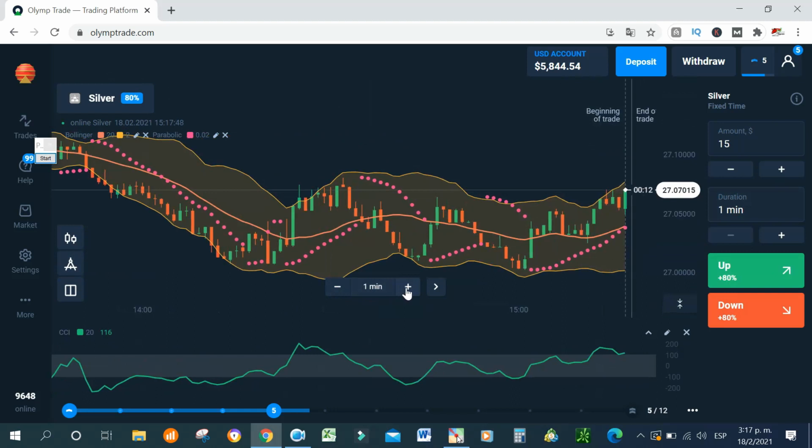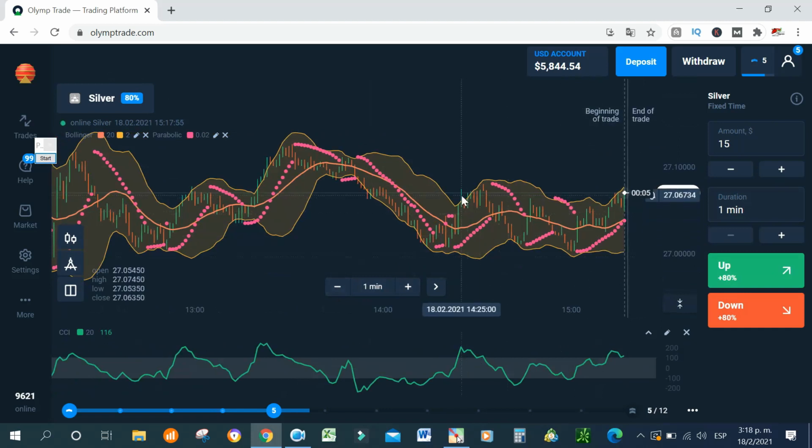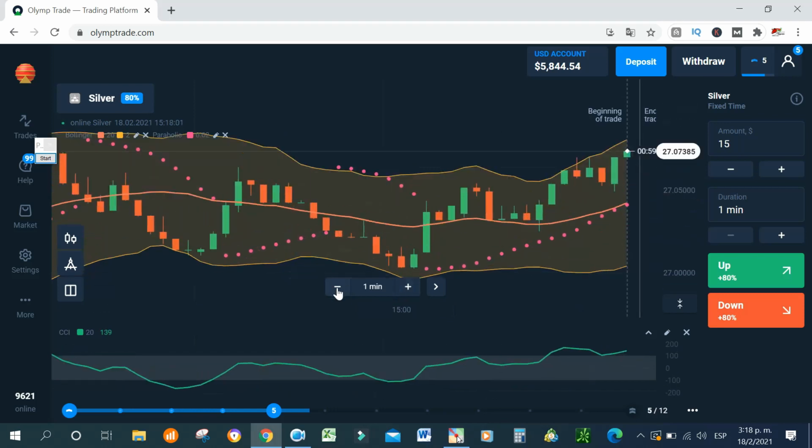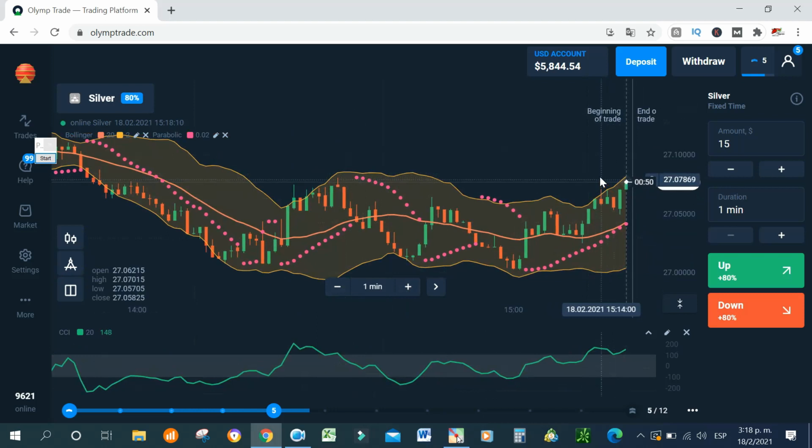So if it's coming back to that resistance level, we can have another opportunity if it doesn't break up this level. Okay, remember this is a resistance level, but if the price breaks up that level, the strategy doesn't work.